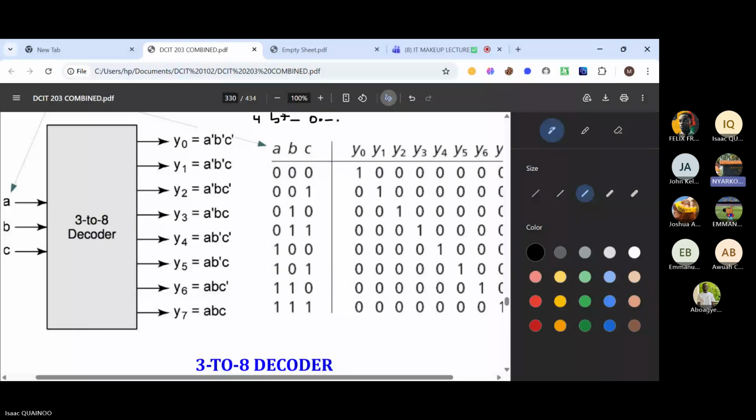If D3 is equal to 0, D2 is equal to 1, and D1 is equal to 1, then D0 is equal to 1. Okay. What is the binary output?